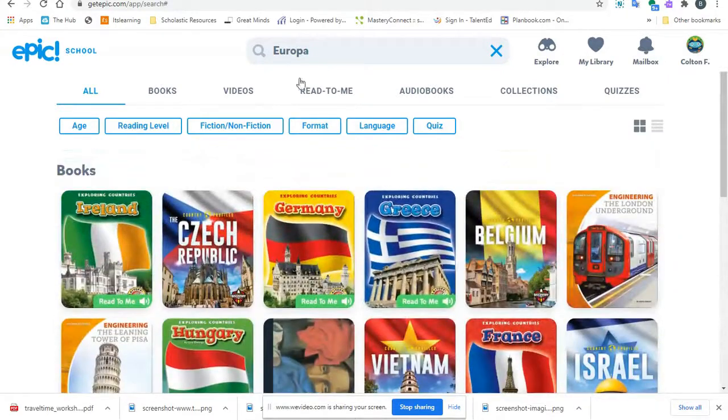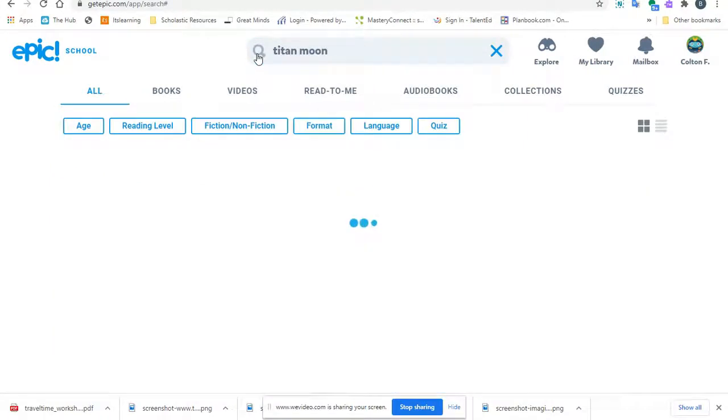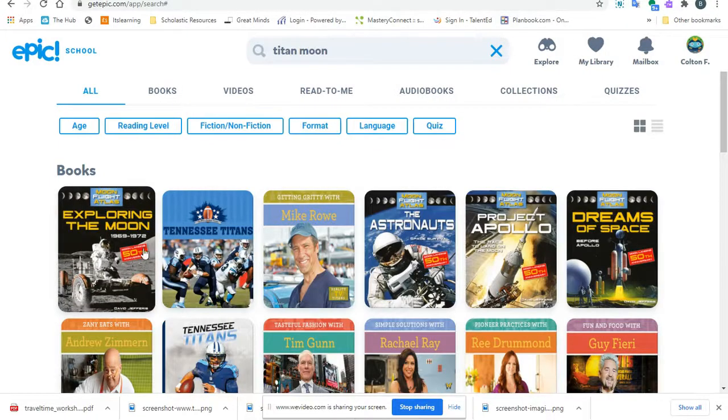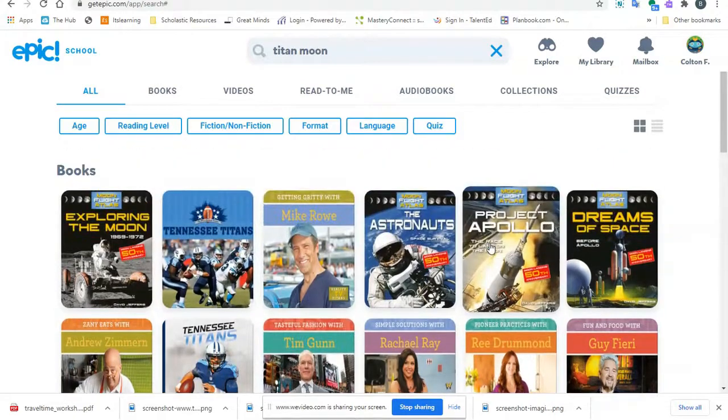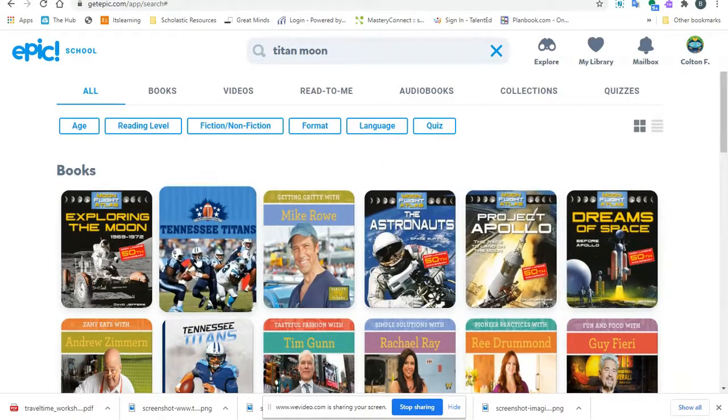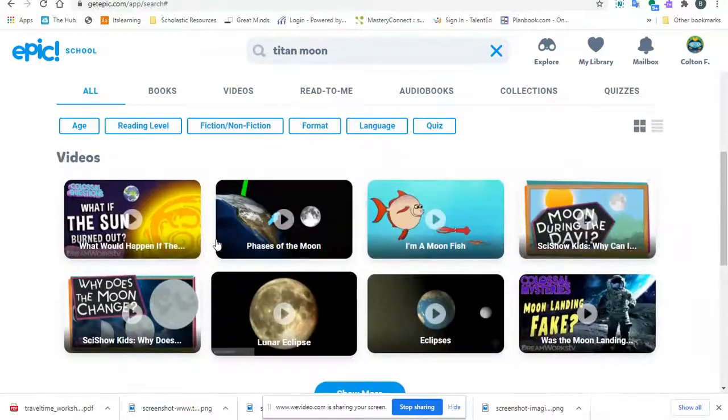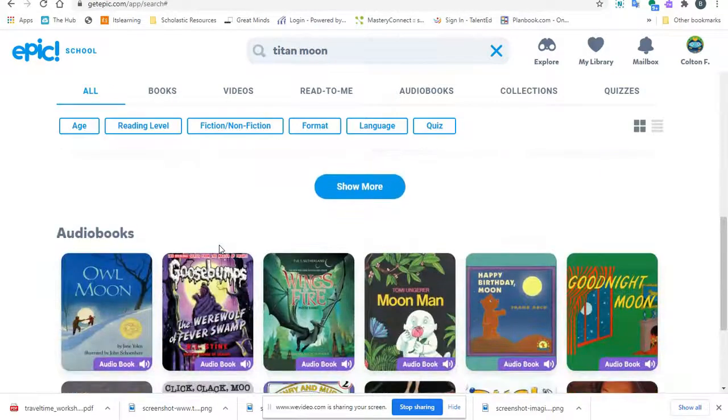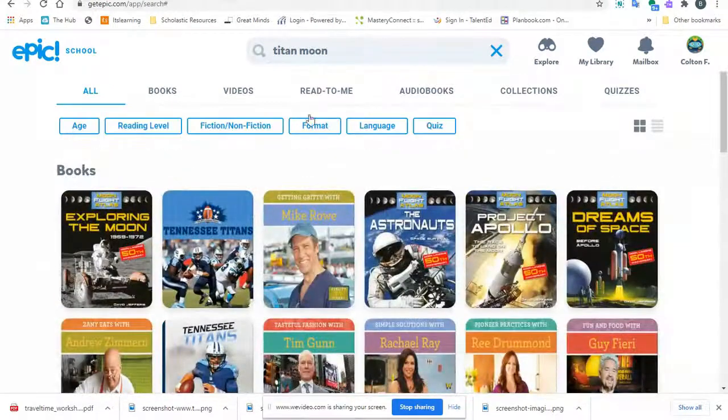There's not anything there, so Europa might not be a good spot for this one. But if I wanted to find Titan, exploring the moon, I could find different things about Titan's moon, and I could find lots of different information, not just the Tennessee Titans. It's going to require you to look some, but you're going to have to look through these to find them. And so this is another great resource that you have.